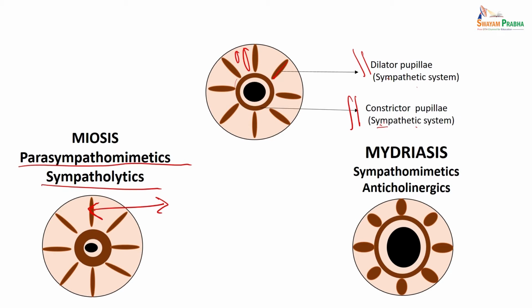This is a diagrammatic representation of the pupil. Here there are the dilator pupillae and the constrictor pupillae. The dilator pupillae is the muscle supplied by the sympathetic system, and the constrictor pupillae is supplied by the parasympathetic system.